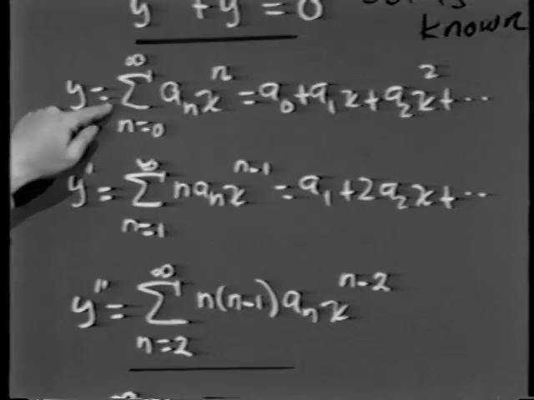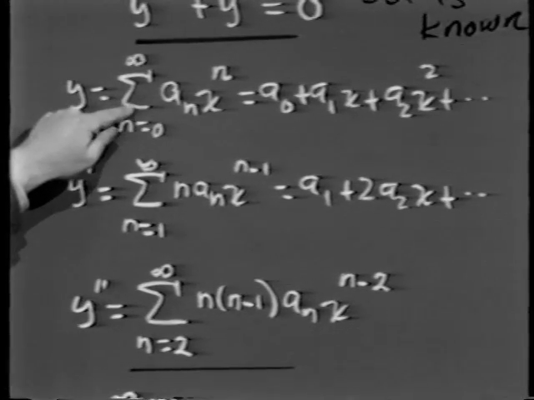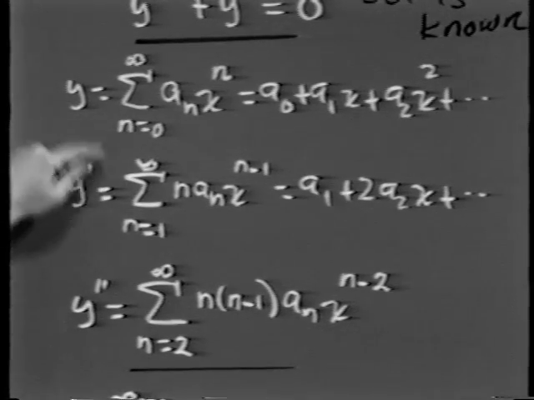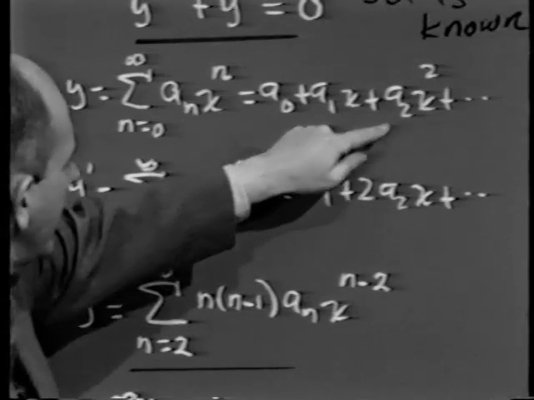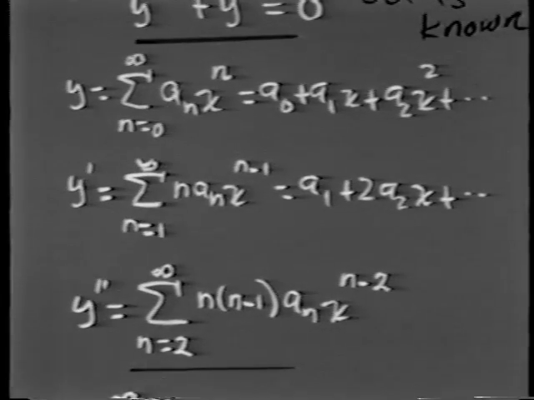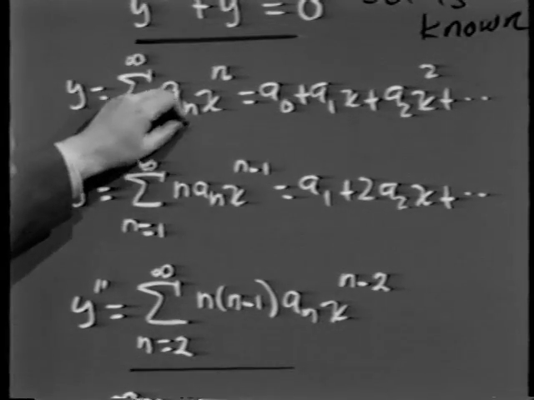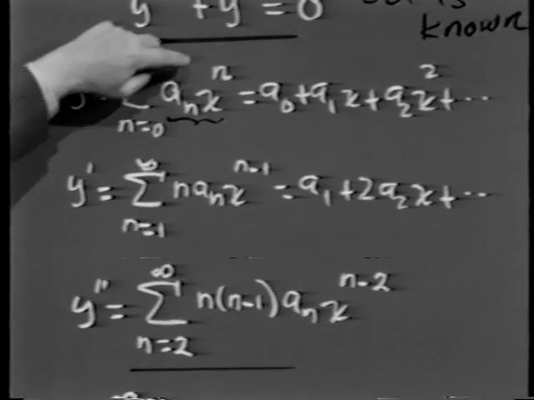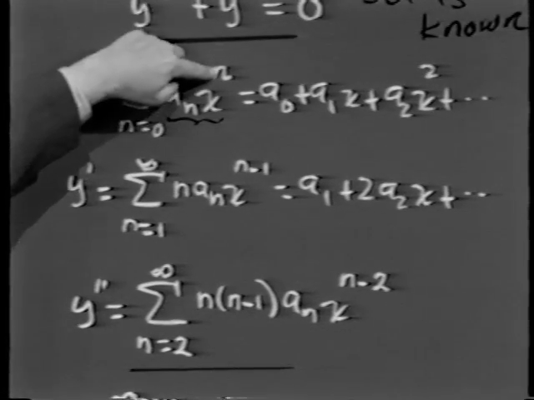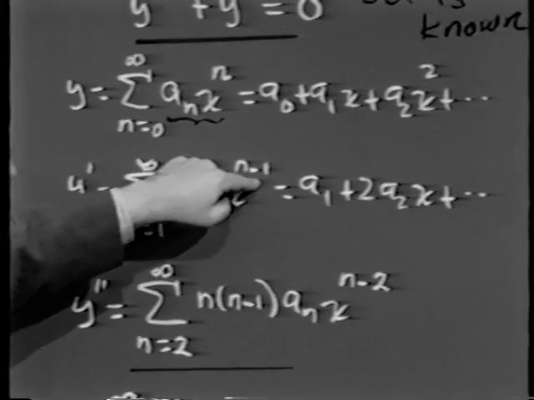At any rate, what I then do is because I'm assuming this is a convergent power series, I differentiate this thing term by term. And if I differentiate this, notice what I'm doing. I differentiate each term here, but because I can differentiate term by term, a very nice generic way of doing this is notice that this is the nth term. The derivative of this term would be what? n a(n) x to the n minus 1.